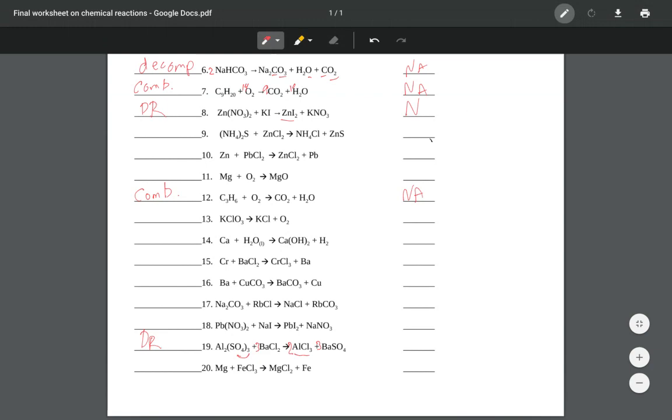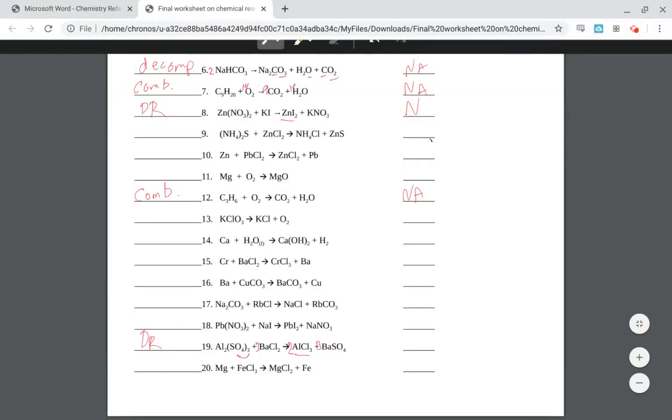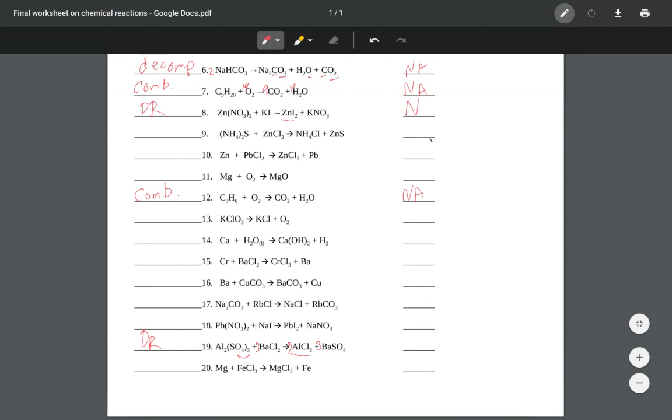And then barium sulfate. Well, all sulfates are soluble except barium sulfate is insoluble. So that is a precipitate, which we will highlight. And so since we have a precipitate, yes, we have a chemical reaction.